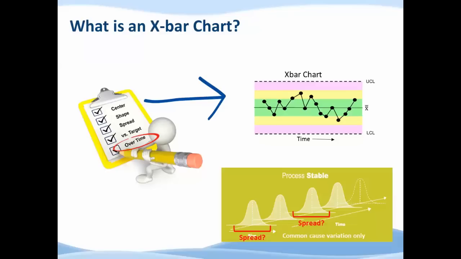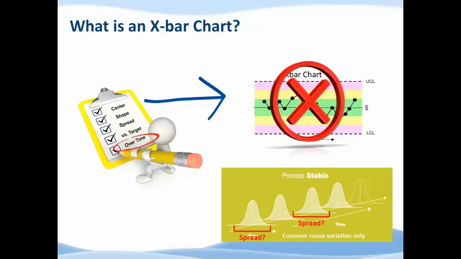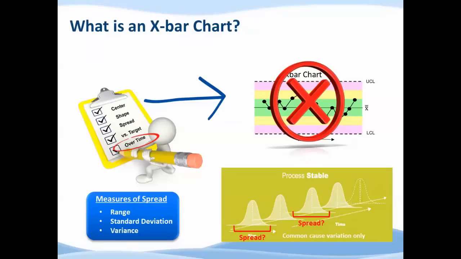But remember, this is about center, shape, and spread being consistent over time. There is absolutely nothing on an Xbar chart that lets you know about the spread of the data within each of those subgroups. That's where we remember that we've learned a number of measures of spread, such as range, standard deviation, and variance.